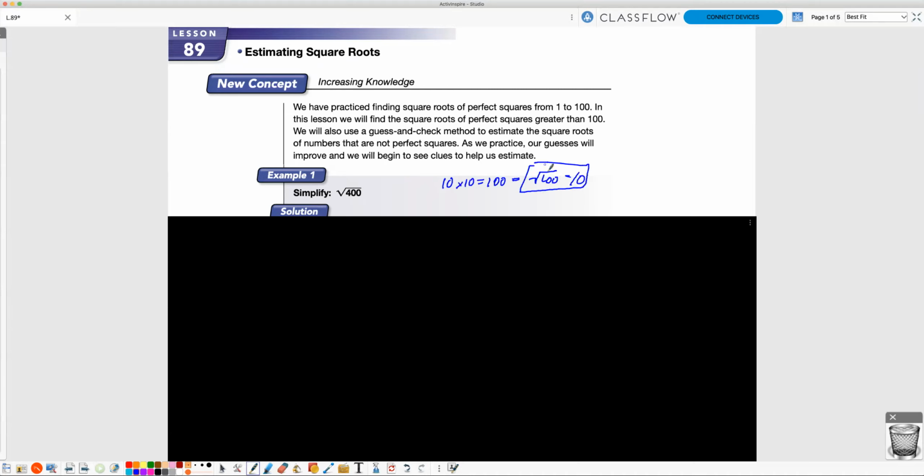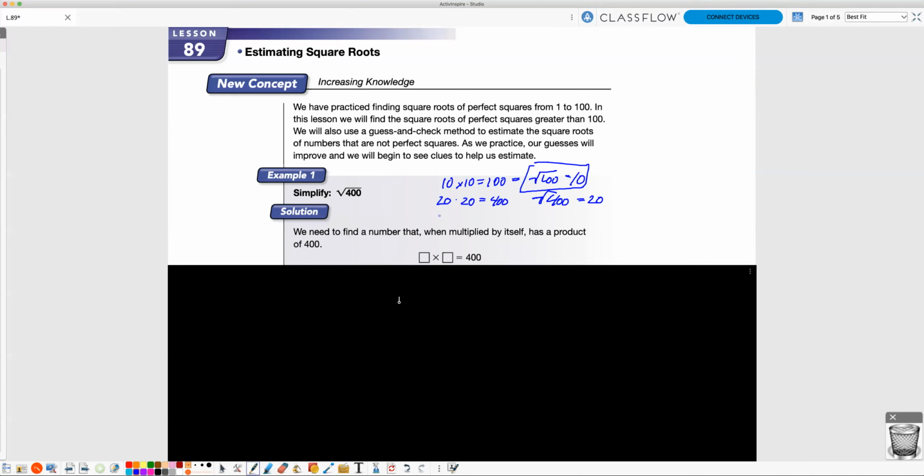That's not quite enough. So 10 times 10 doesn't work. 20 times 20 might be something that we could look at. 20 times 20 equals 400. That means that the square root of 400 is actually equal to 20 because 2 times 2 is 4 and then 2 zeros makes 400.